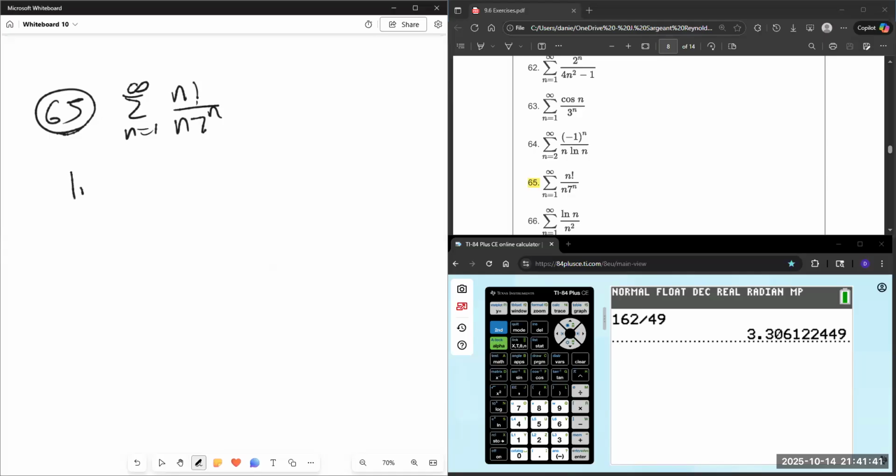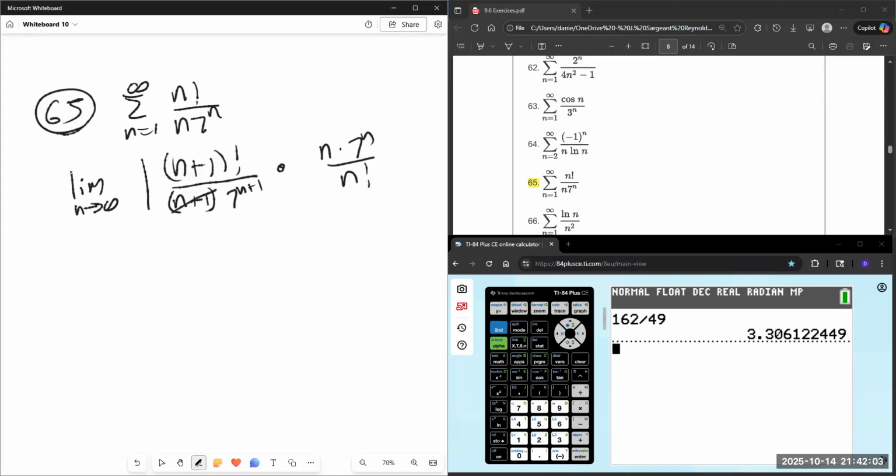Limit as n goes to infinity of (n plus 1) factorial over (n plus 1) times 7 to the n plus 1, times n times 7 to the n over n factorial.